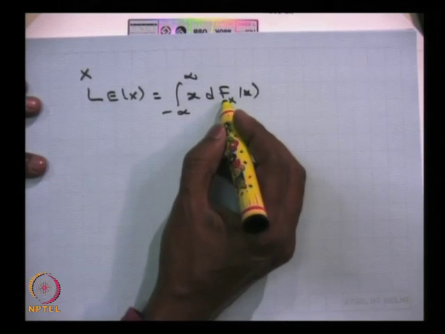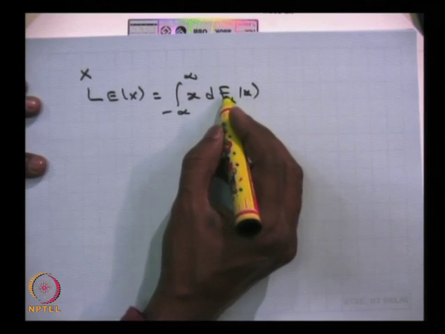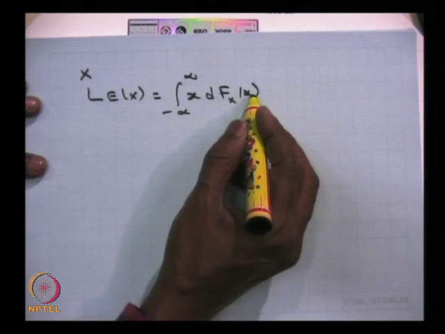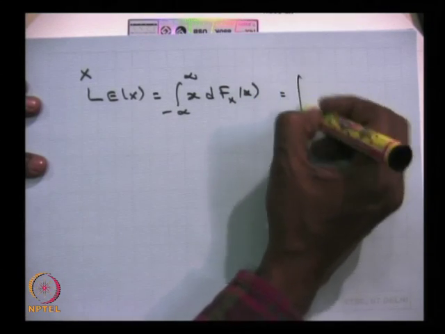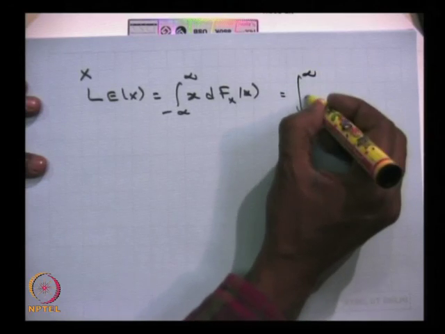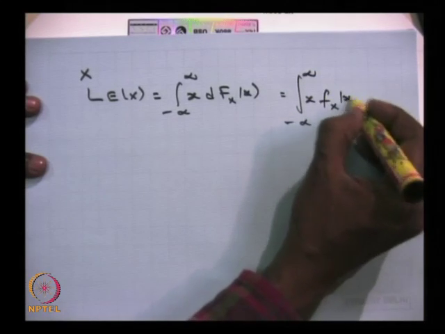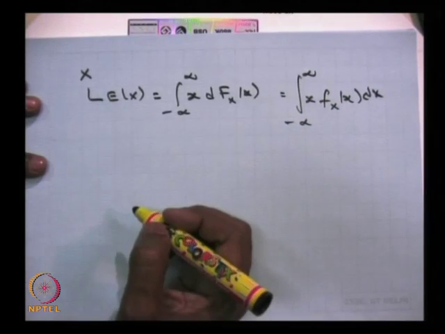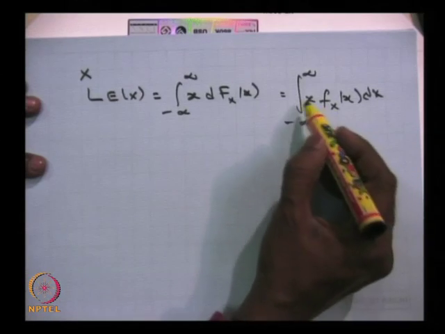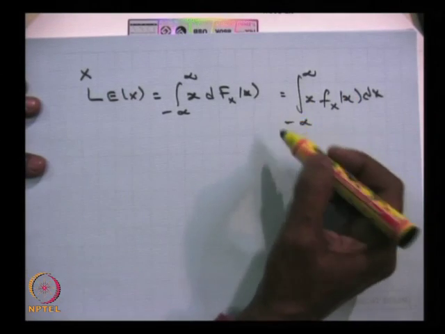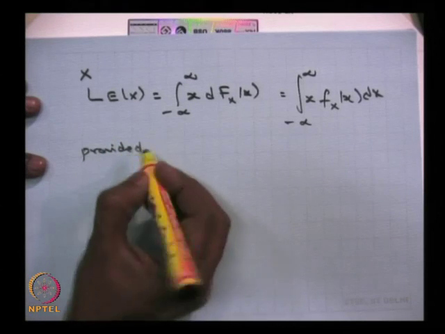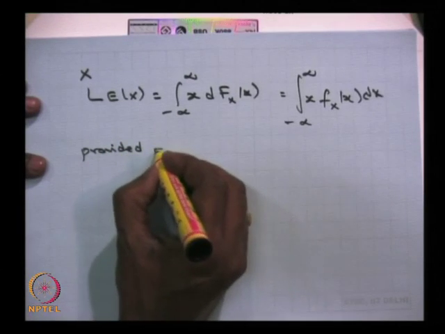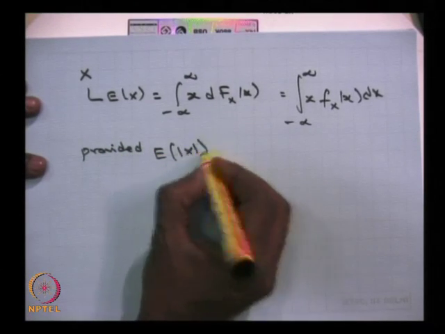Suppose the random variable is a continuous random variable, then the CDF is a continuous function. Therefore, this is the same as the integral from minus infinity to infinity of x times f(x) dx. In that case also we have to cross-check whether this integration converges, provided the expectation of absolute x converges.